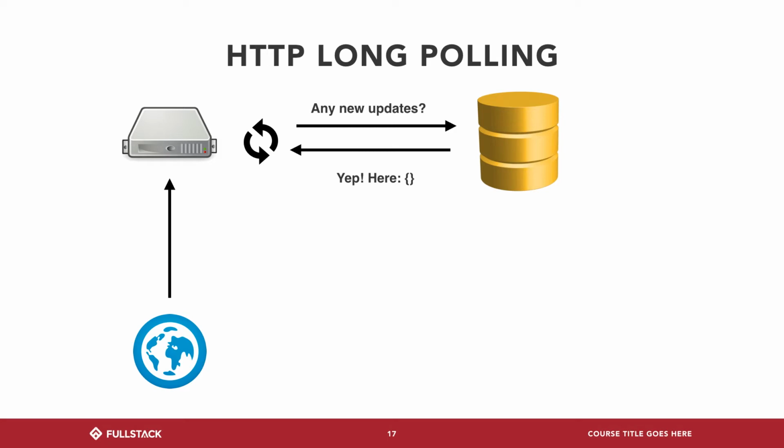When there's an update, the database will send back okay, here's the data, and then the server will send that to the client, and then the client makes another request and says, okay, here's the last thing you sent me, server, and the server is just going to hang on responding to that until there's something new, and then finally it'll respond. So the world will kind of be in this state of the client waiting for a response for possibly quite a long time.